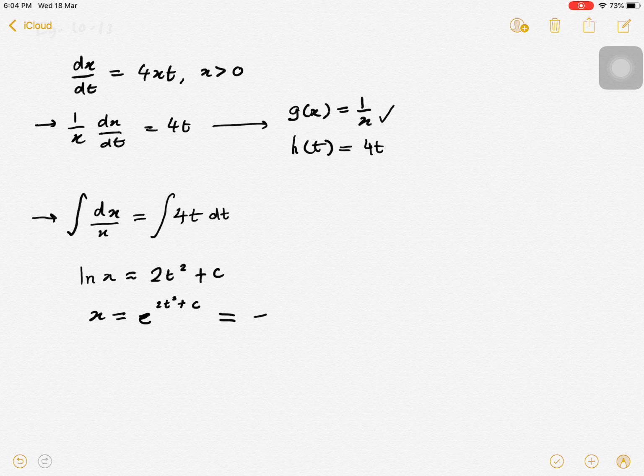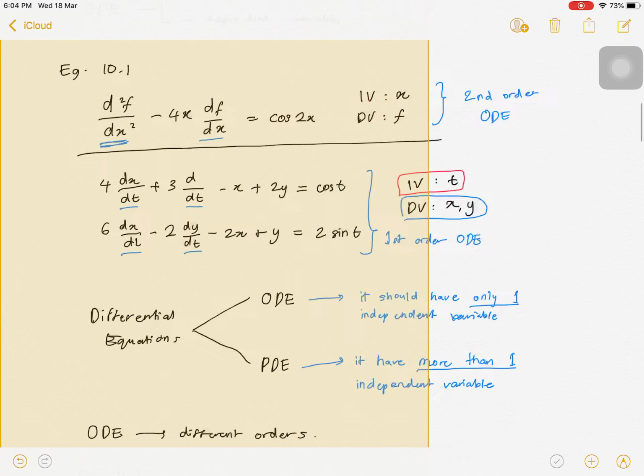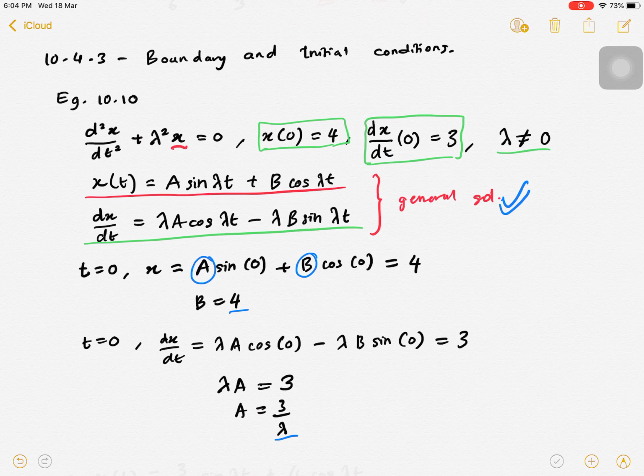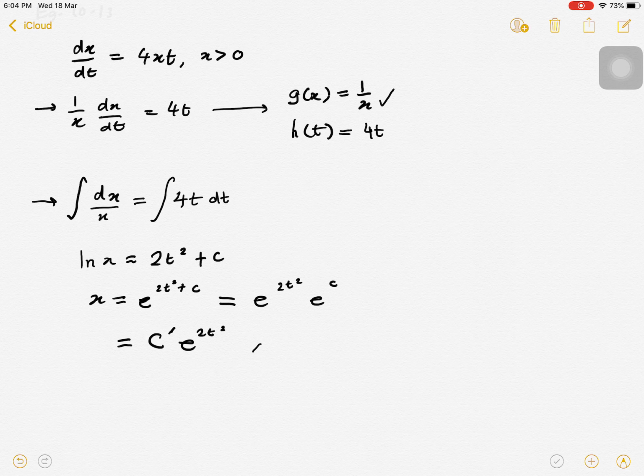This is equal to e to the 2t square times e to the c, and also this is equal to c prime e to the 2t square, where c prime is equal to e to the power of c.